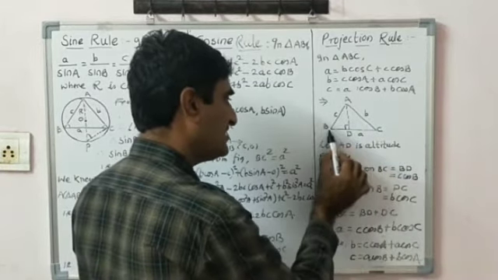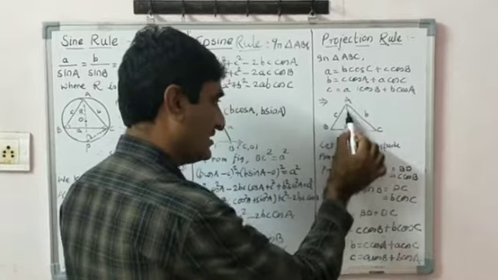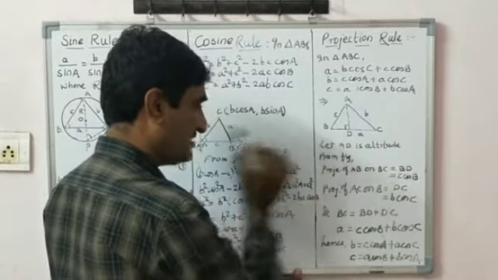And what is BD? This side BD is in right angle triangle ADB.